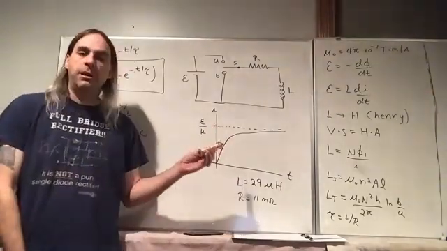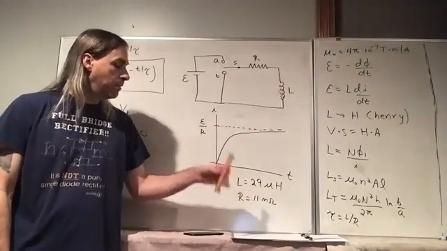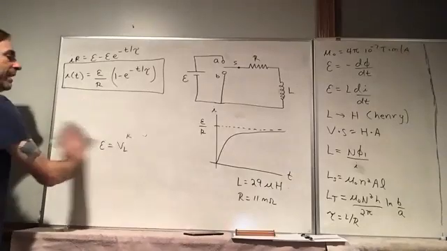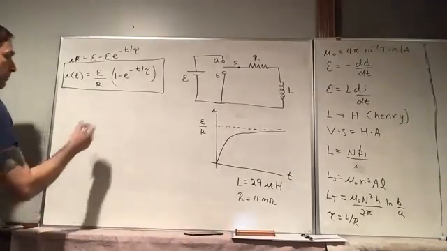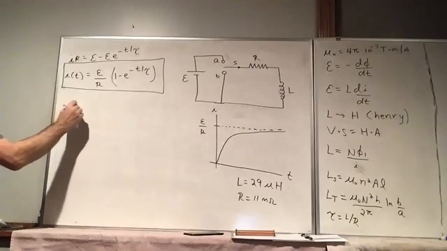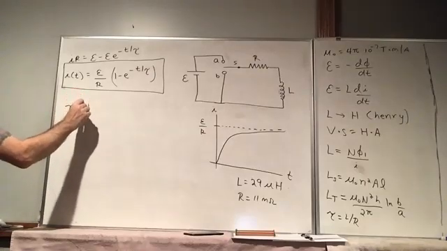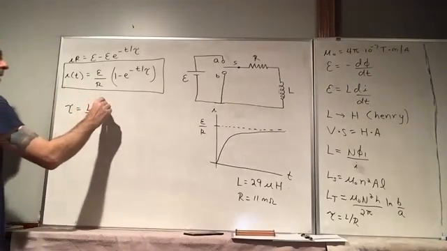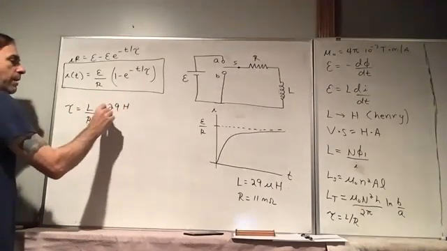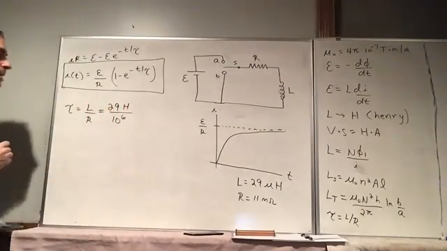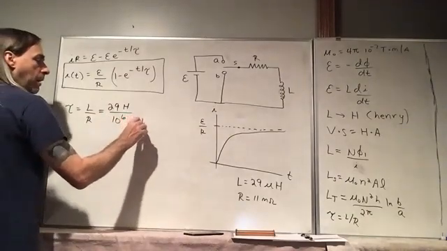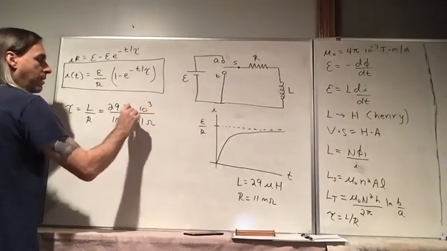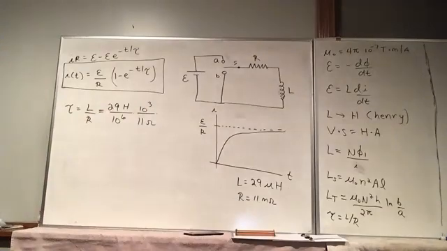If we just hook up a battery here with that inductance and not much resistance, let's start out by finding the time constant. So that's L over R. So it'd be 29, here, let's do henries, 10 to the minus 6, divided by 11 milliohms. Milli is 10 to the minus 3, so we'll put that on top.